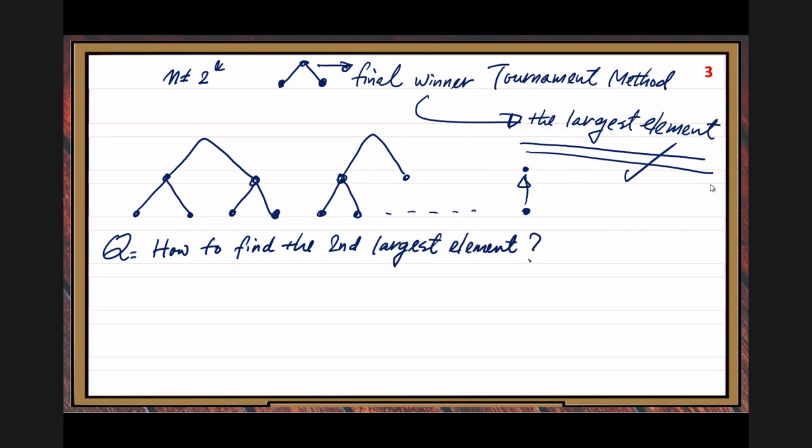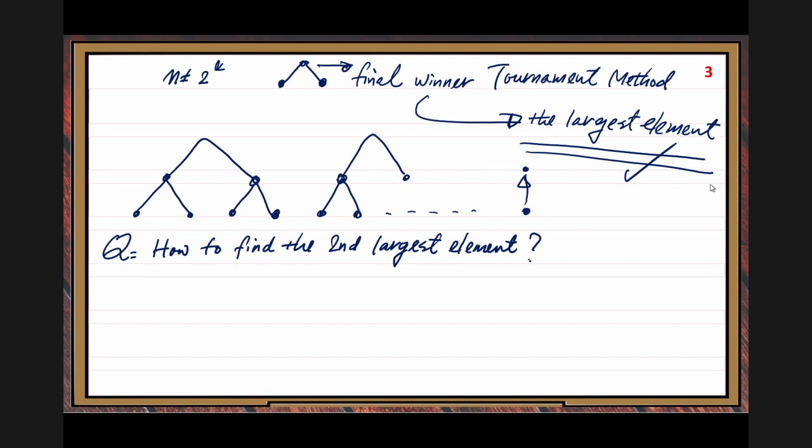Okay, think about this question. What's the relationship between the largest element and the second largest element here? Definitely, the second largest element has to be lost to the largest, right? It has to be a loser when it is compared with the largest element.